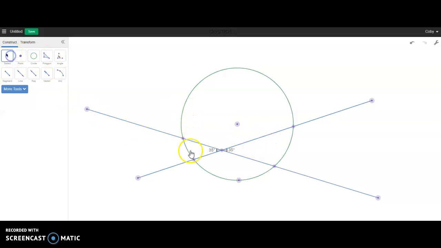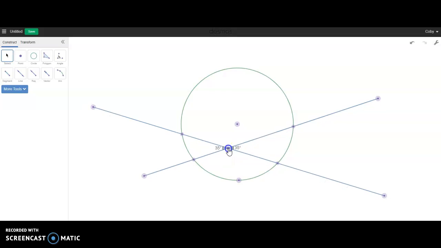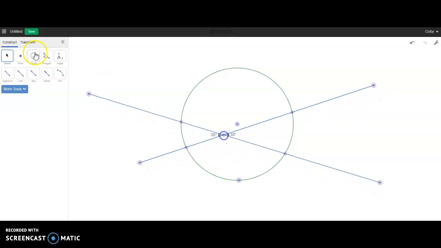What I specifically want to look at here, though, is how these two angles are related to the arcs that they create.